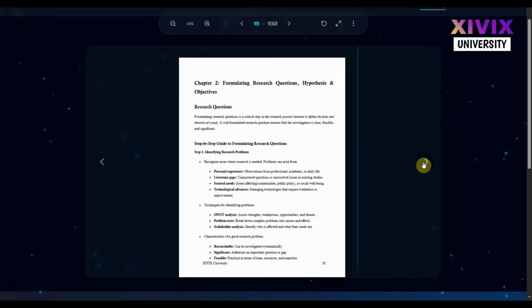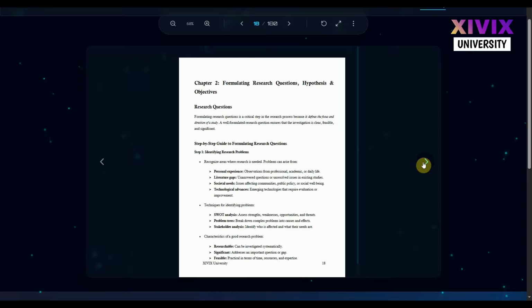Another step in this sequence is the characteristics of a good research problem. These are important because you need to know what is going to be in your problem, right? There are a couple of characteristics. First, it must be researchable, meaning it can be researched systematically. Another one is significance.